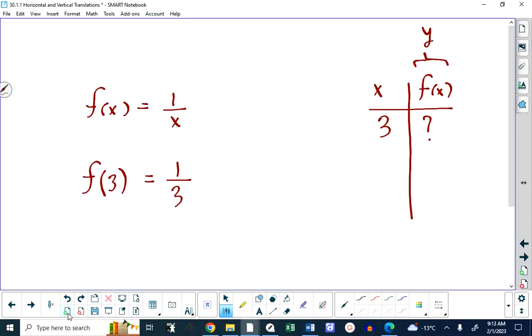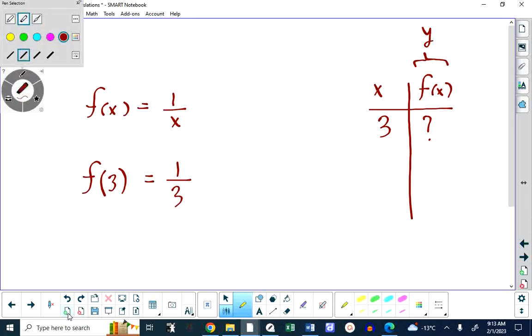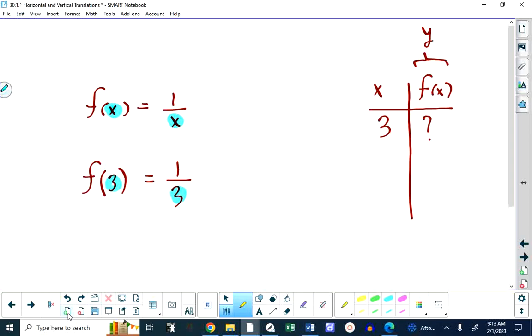And I want you to notice, and this is very simplistic, but maybe it wasn't presented this way in your math 10 class, that every place in the original function that there was an x, that became a 3. So to find f of 3, we replace x in the original function with 3. So we get 1/3.